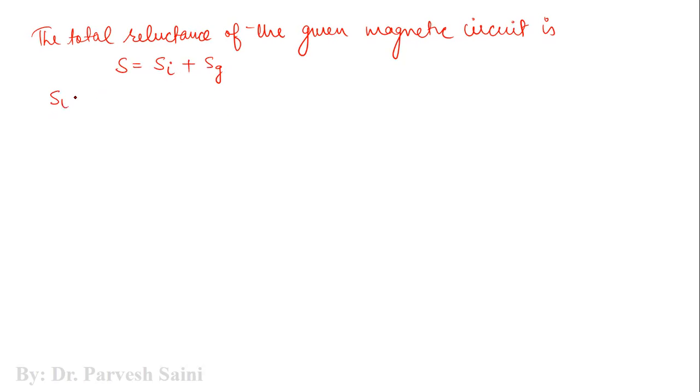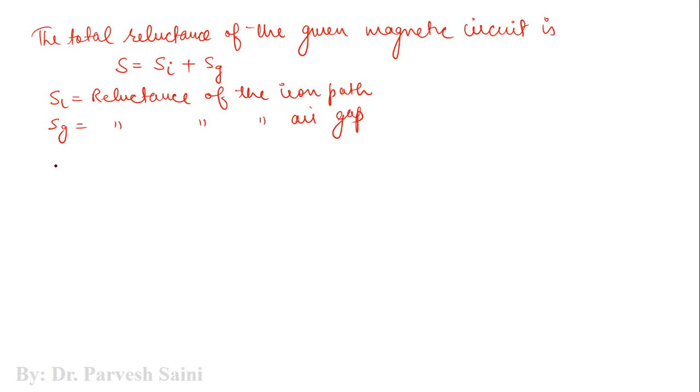Here Si is the reluctance of the iron path and Sg is the reluctance of the air gap, right? The general formula of S is L upon mu naught into mu R into A. This is the standard formula of reluctance.